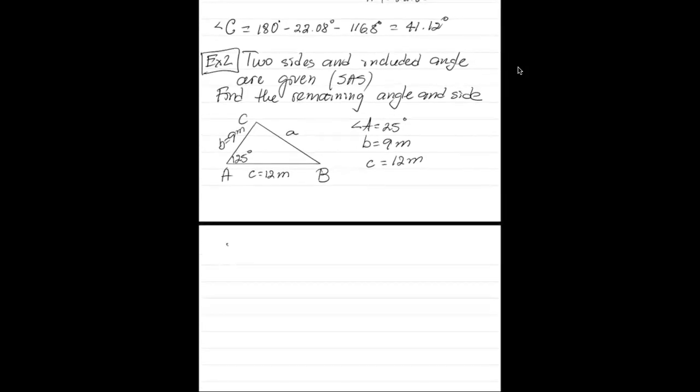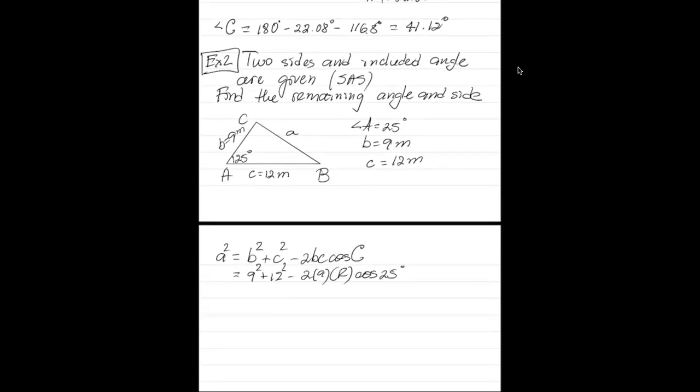Side A squared is equal to B squared plus C squared minus 2BC cosine of angle A. This is our law of cosines, and now we substitute. So A squared will be 9 squared plus 12 squared minus 2 times 9 times 12 times cosine of 25 degrees.